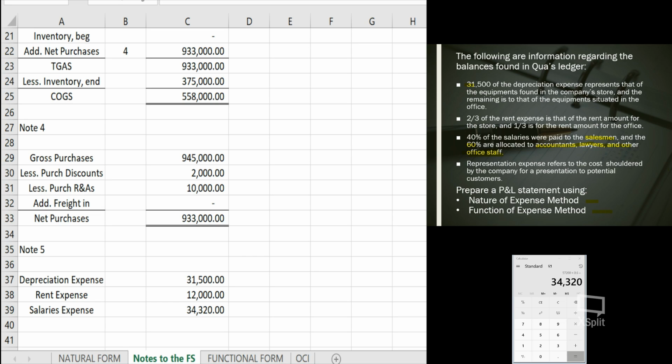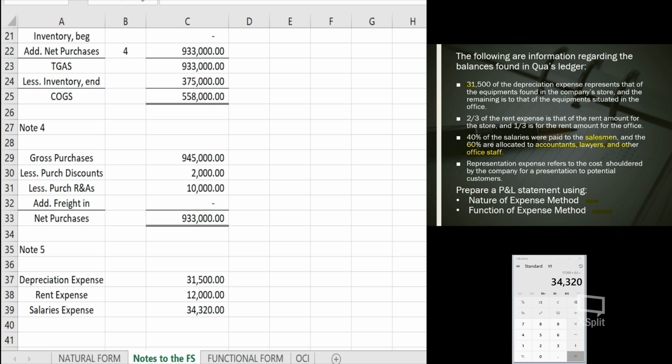Representation expense refers to the cost shouldered by the company for a presentation to potential customers. So ito guys, ang dating niya is parang marketing expense na rin siya no? Kasi parang ito gastos mo to para makabenta ka. Tama? So, sinasalo mo yung cost kasi yung possible benefit niya is para makabenta ka.